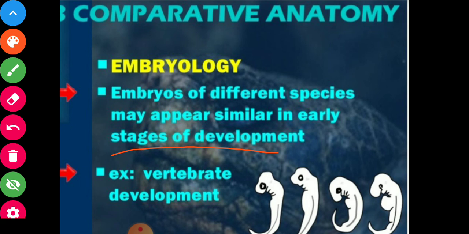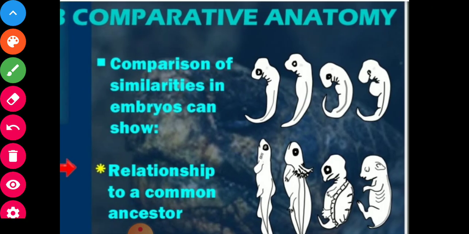We are repeating our life stages. That's why the embryos are similar in the initial stage. So in vertebrate development, the embryonic stages are similar in many of the animals. Similarity in embryos you can see here. This shows the common ancestry.